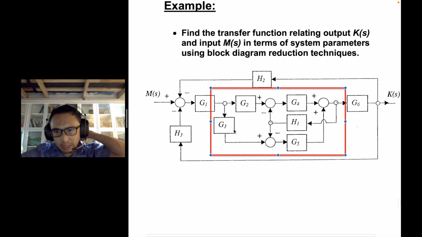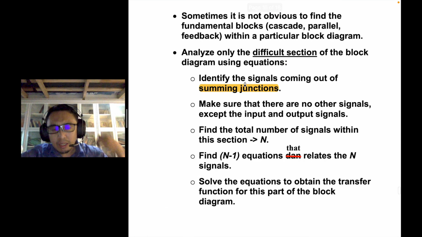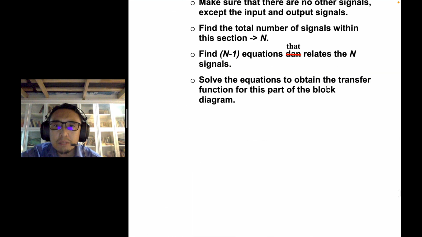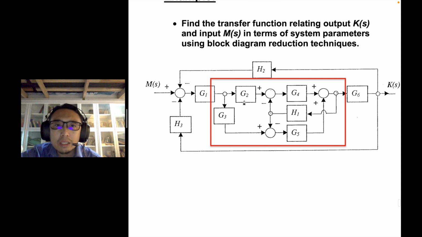So like I said in the rule, identify the signals coming out of the summing junction. If you can solve for this complicated part of the block diagram, then you can see this is just series, this is feedback, the other one is also another feedback, but this one is not clear. Okay, so like I mentioned, what you can do is identify the signals going out of a summing junction.